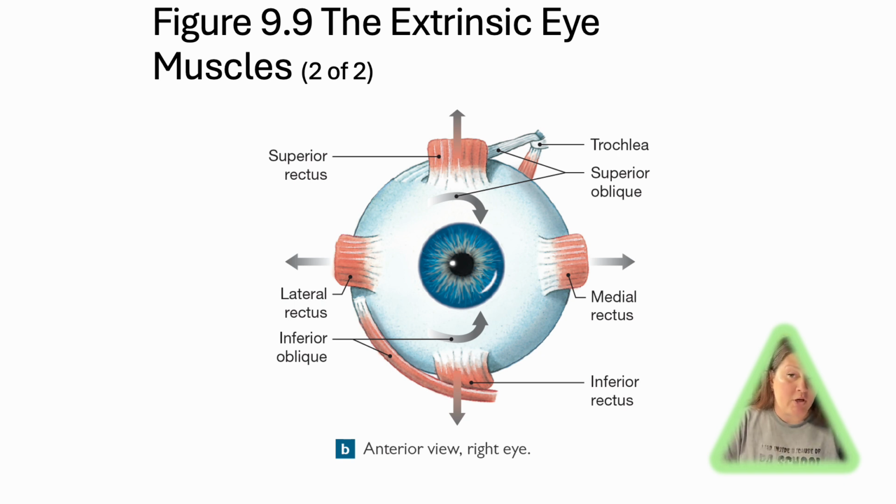So your trochlear cranial nerve number 4 is going to innervate your superior oblique muscle. And then lastly, the one that I don't have a great shorthand for, but hey, it's the last one, is the lateral rectus, and that is the abducens cranial nerve number 6, abducens, lateral rectus.